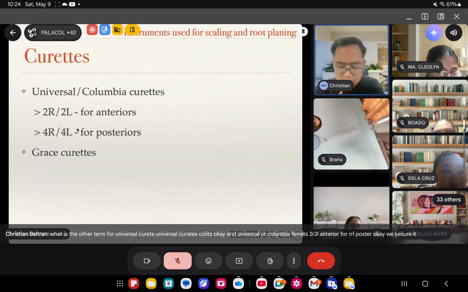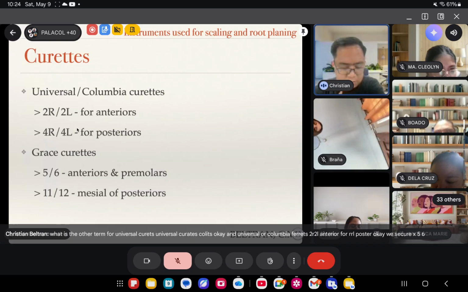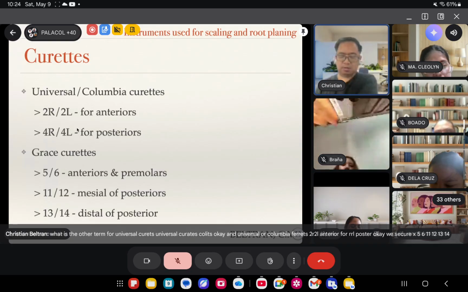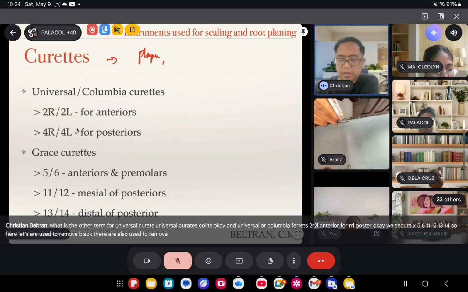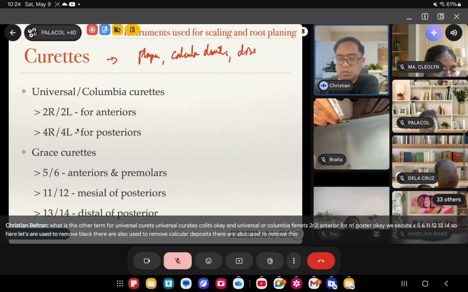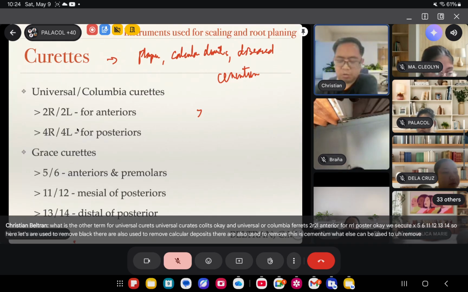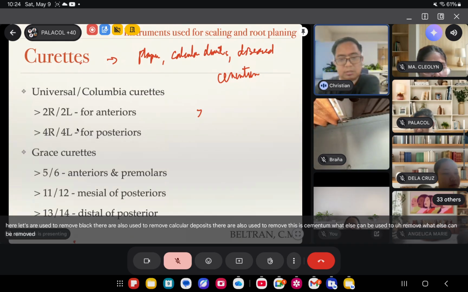Basic curettes, 5, 6, 11, 12, 13, 14. So curettes are used to remove plaque. They are also used to remove calculus deposits. They are also used to remove diseased cementum. What else can be removed using curettes?